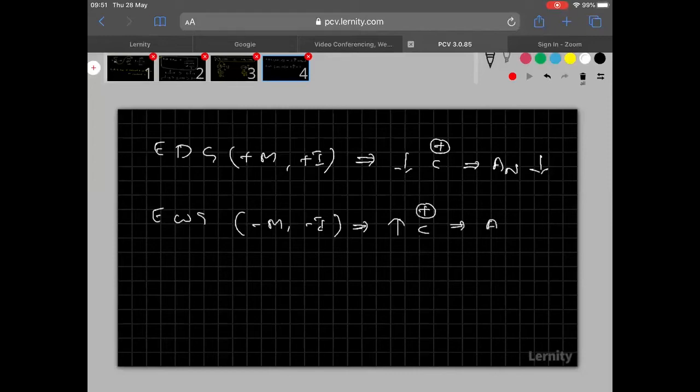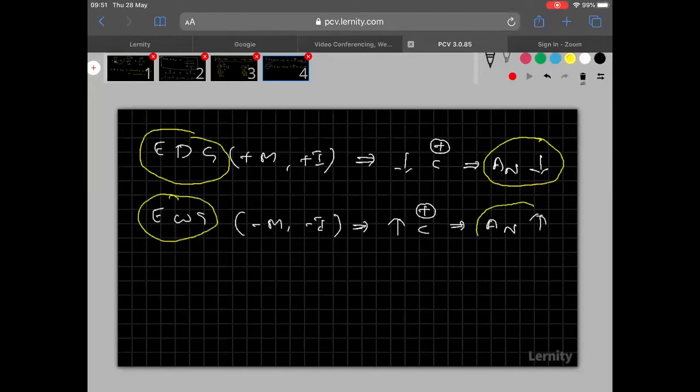Thereby the rate of nucleophilic addition increases. So my overall concept is electron donating groups decrease the rate of nucleophilic addition, and electron withdrawing groups increase the rate of nucleophilic addition. Based on this, some questions we are going to do.